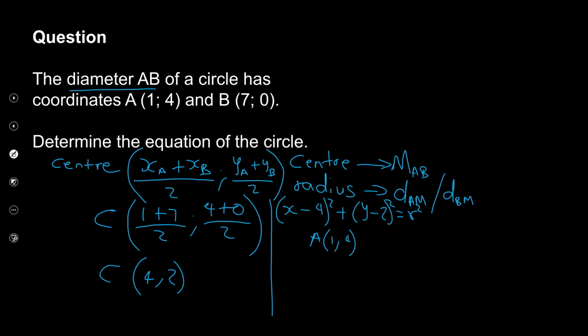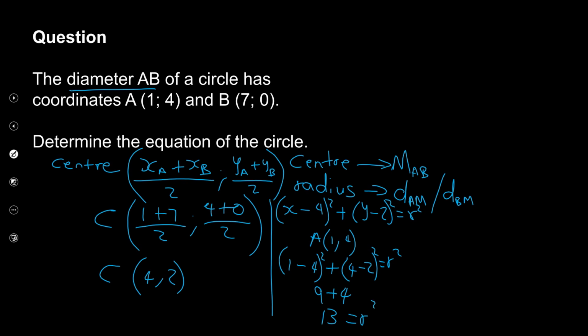So that will be (1 minus 4) all squared plus (4 minus 2) all squared, which will give me my radius. This is 3 squared, which is 9, then 2 squared, which is 4. So it's 9 plus 4, which is 13, and that equals r squared.